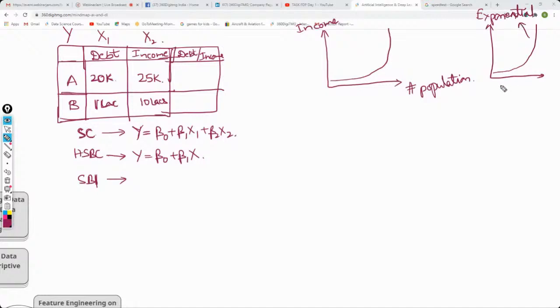On similar lines, when it comes to income, income follows an exponential distribution. Data are distributed like an exponential curve. Debt also follows an exponential distribution. Check with any economist, or it's also common sense driven. A lot of people are going to fall under the low and middle income group.